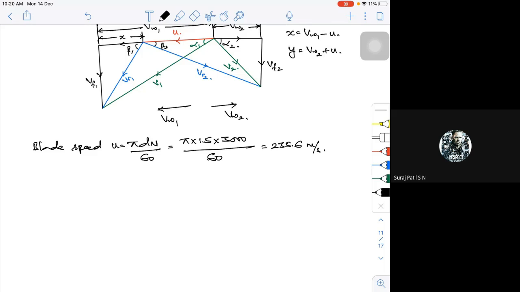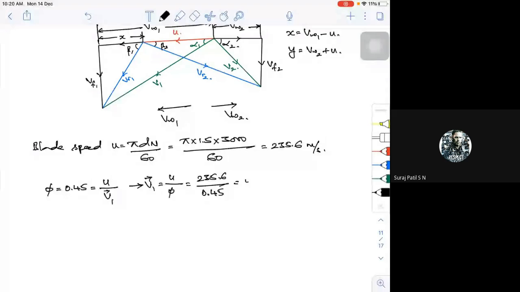Now in the numerical they have given phi is equal to 0.45, which is the ratio of your blade velocity to your flow velocity. So what will happen to your V1? Sorry, it should be V1 is equal to u by phi, that is 235.6 divided by 0.45.